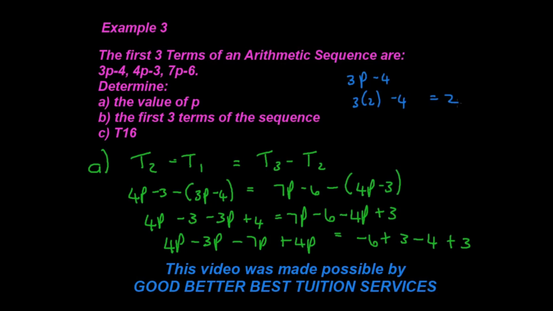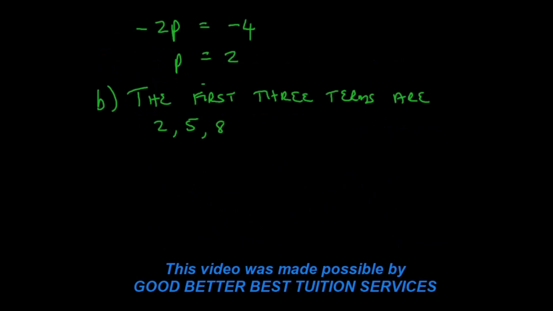So our first term is 2. What's our second term? It's going to be 4 times 2 minus 3, which is going to give me 5. And 7 times 2 minus 6 will give me 8. Therefore, we can go ahead and say that the first three terms are 2, 5, and 8.